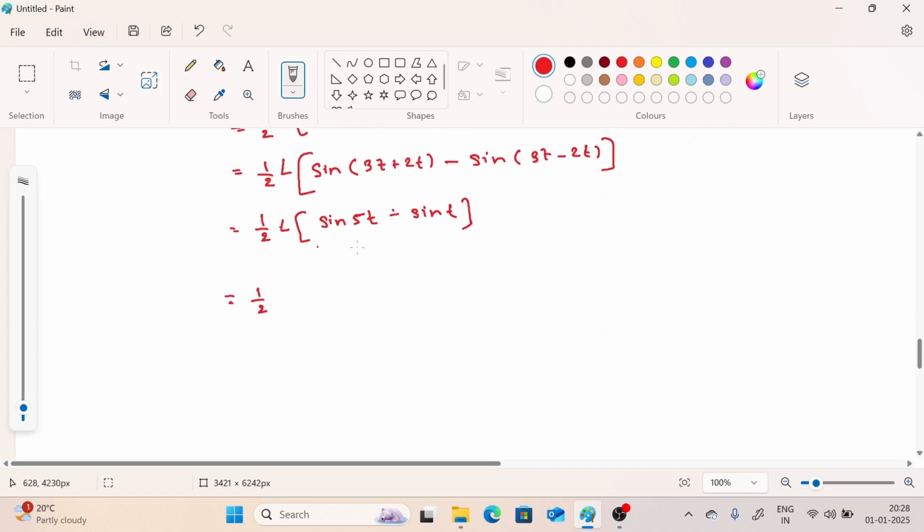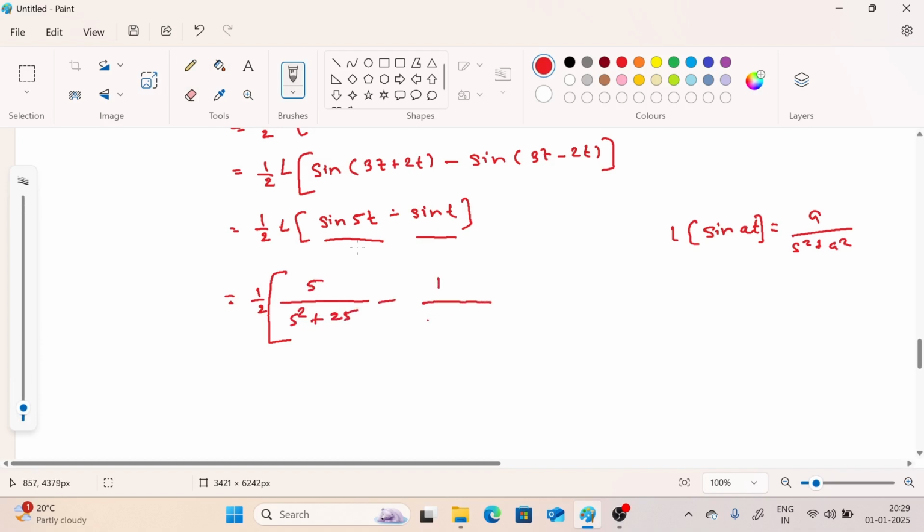Now we know the Laplace of sin 5t and sin t means sin at is a upon s square plus a square. So 5 upon s square plus 5 square minus 1 upon s square plus 1 square.